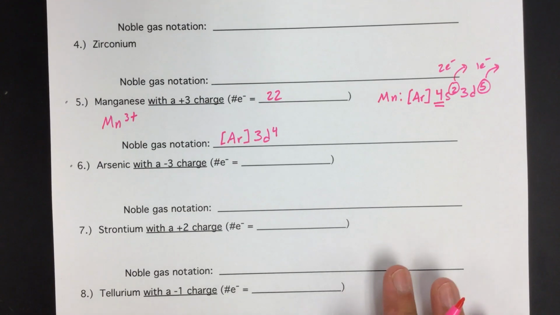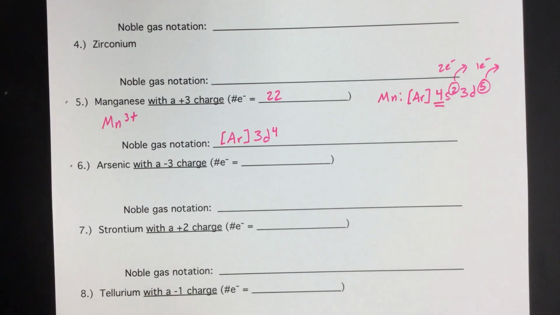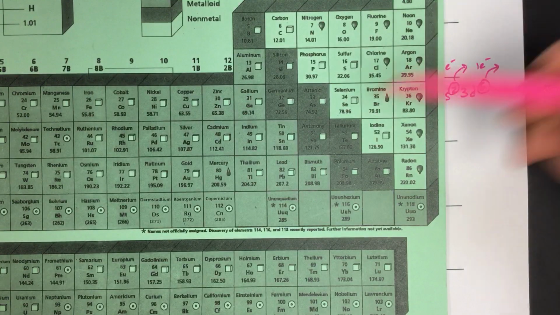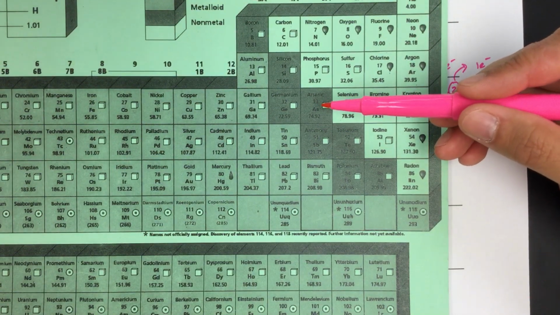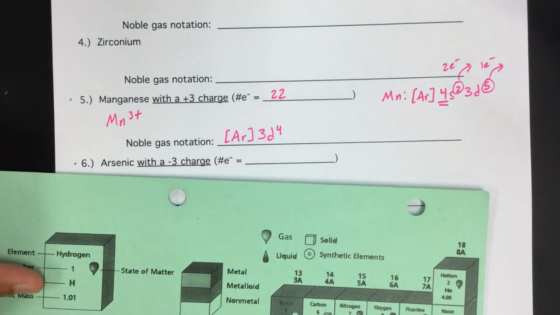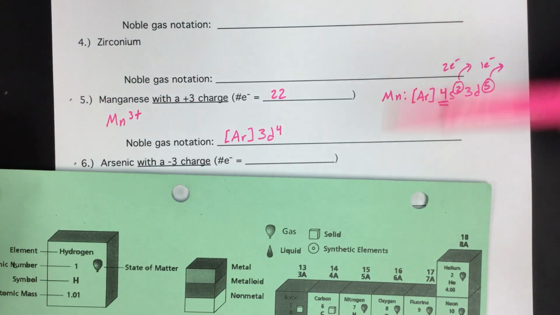Next one, I think a little easier. Arsenic with a -3 charge. Arsenic is right here, atomic number 33. If it were neutral, it would have 33 electrons. If we have a negative charge, does that mean we're adding or removing electrons?